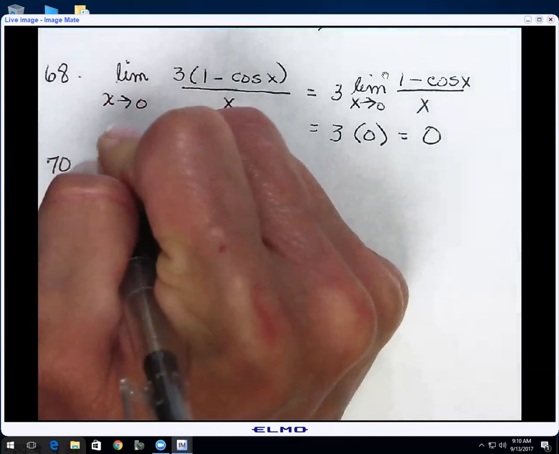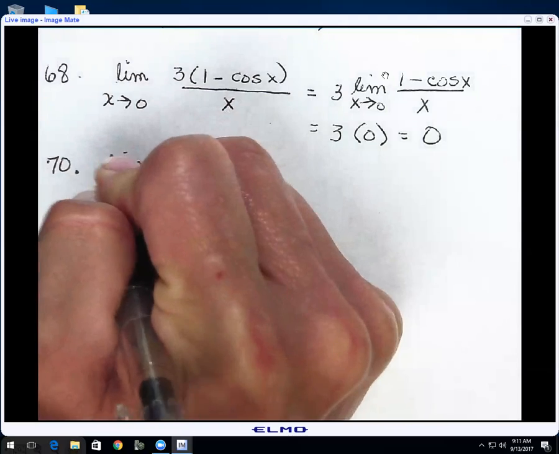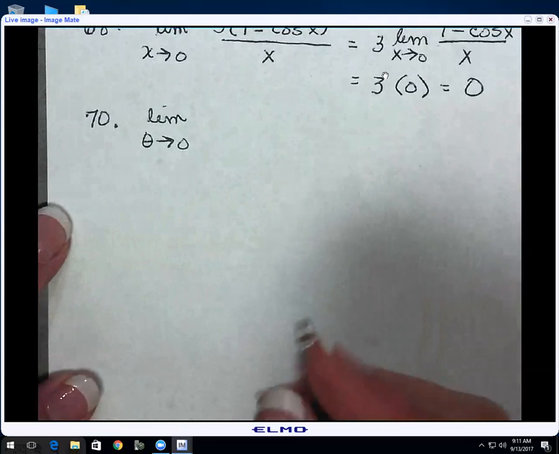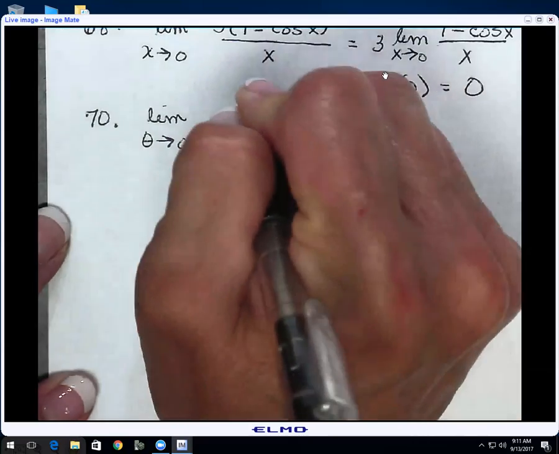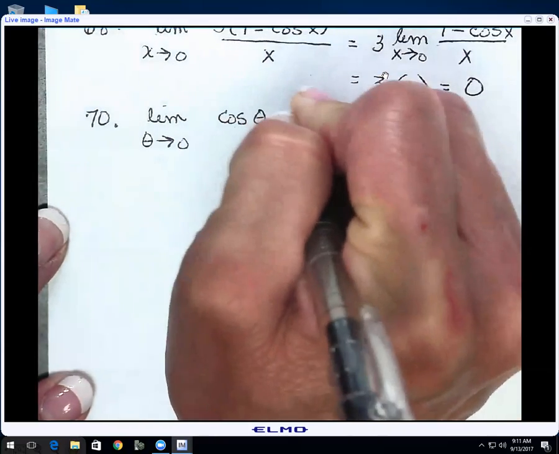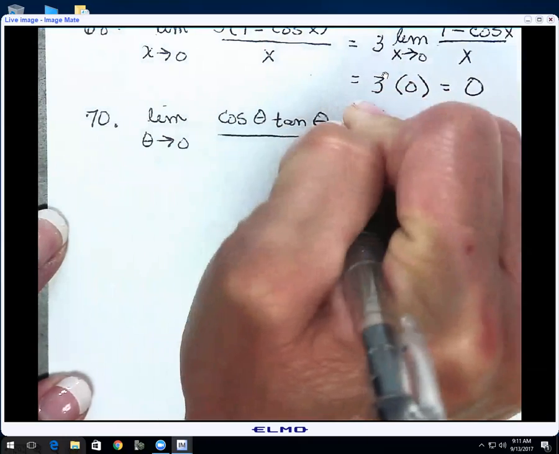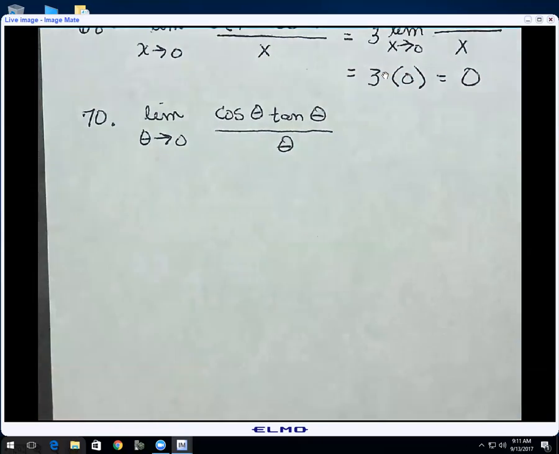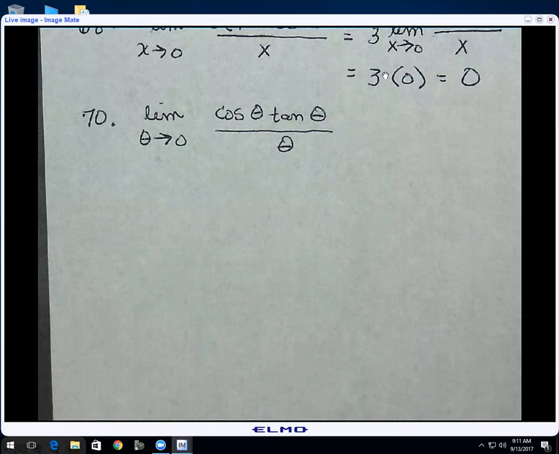Let's see number 70. The limit as theta goes to 0 of cosine theta tangent theta divided by theta. Can I evaluate that by direct substitution?